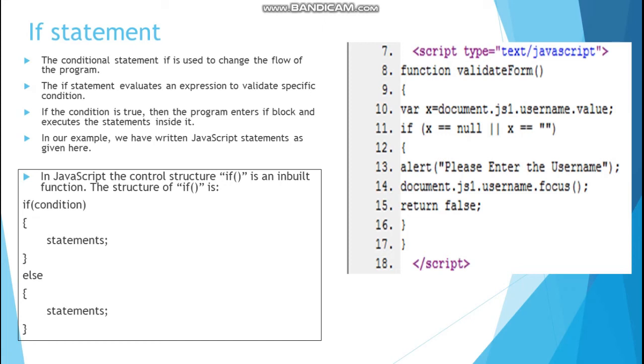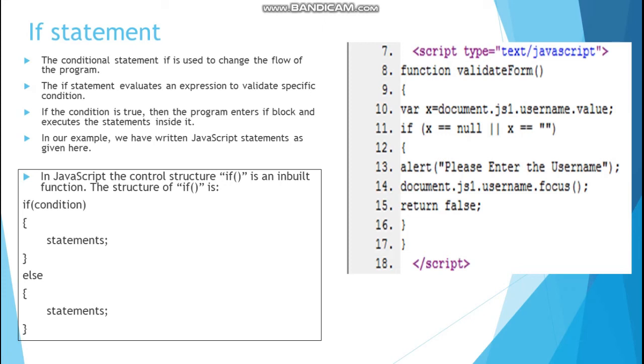But remember, this is a control structure. It means out of these two blocks only one will get executed at a time. So if this condition becomes true, then it will execute the statements given after the curly bracket. And if the condition becomes false, then it will execute the else part given here.